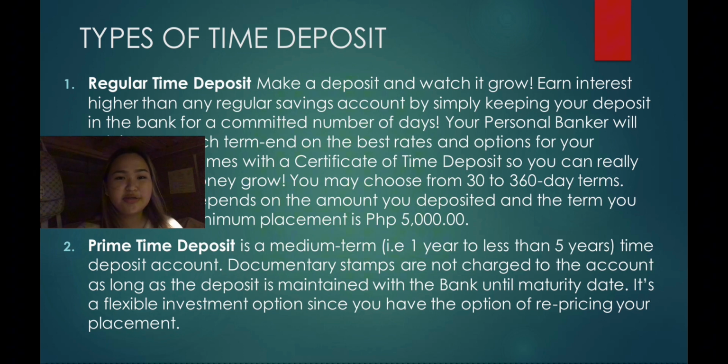So, sa example nga ni, if you deposit 10,000 pesos sa prime time deposit, you agree to keep the fund in your account for the entire 1 year nga term, o termino. So, at the end of that term, makakuha ka og interest nga 2.5% on your deposit. Ang interest rate kasagaran mas higher kaysa sa imong earnings sa isa ka regular nga savings account.